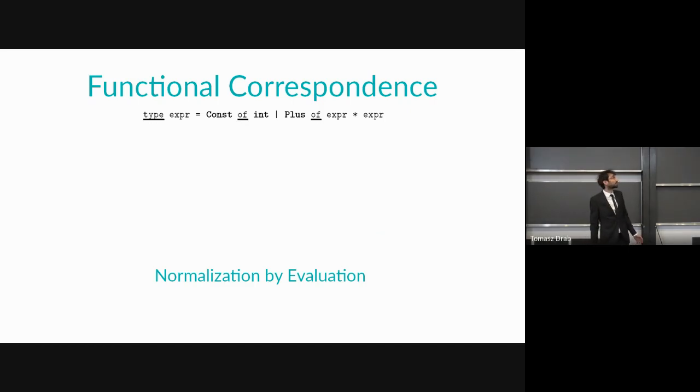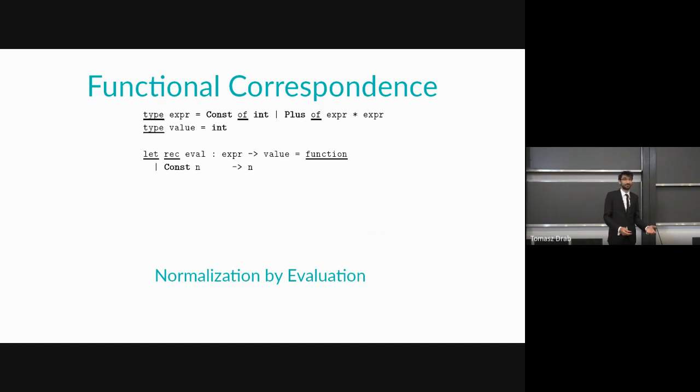The additive expressions are constants of, in this case, integer numbers, or sums of two expressions. And their values we expect are integers. The evaluation function is a function that turns expressions into values. And if we encounter a constant, we just return this number. In case we encounter a sum of two expressions, we evaluate both of them and add them.